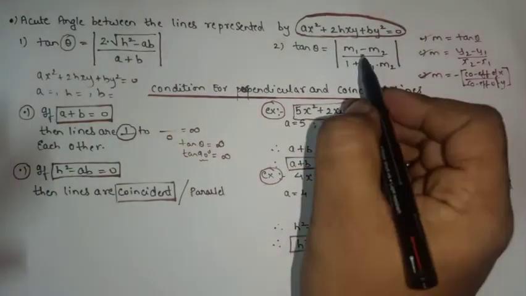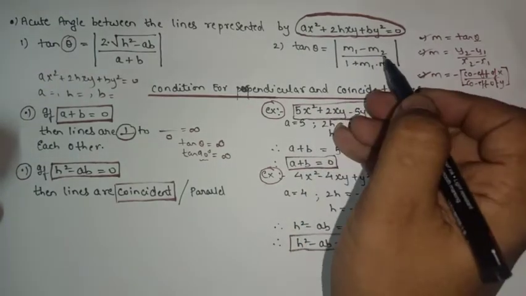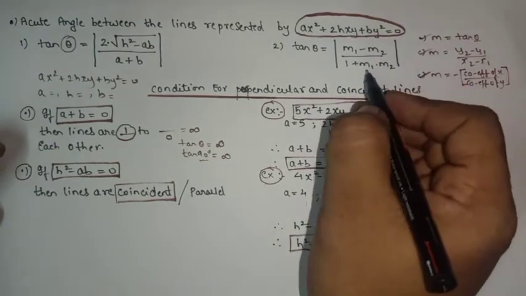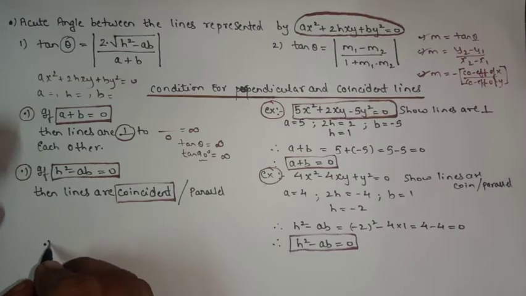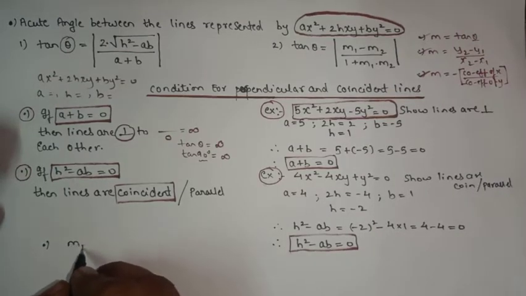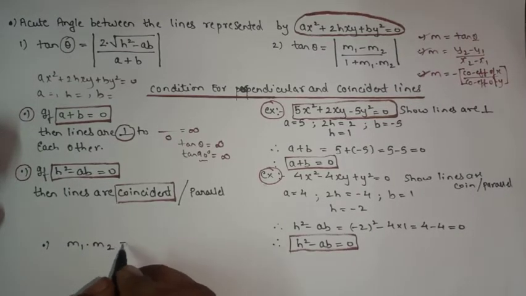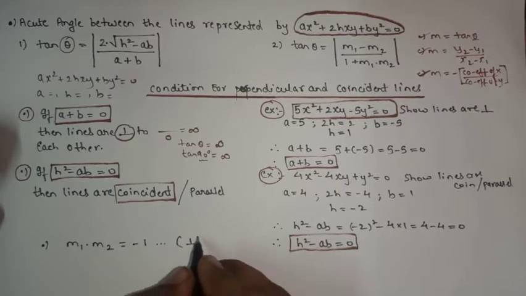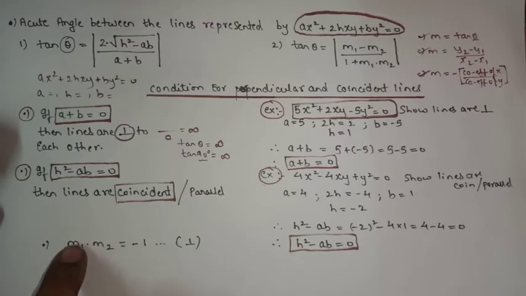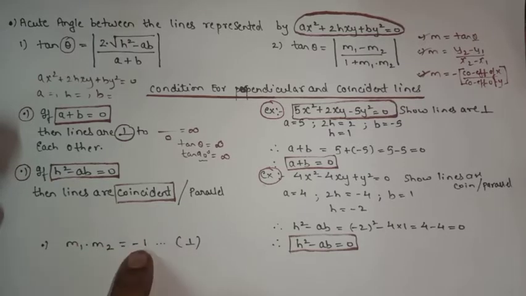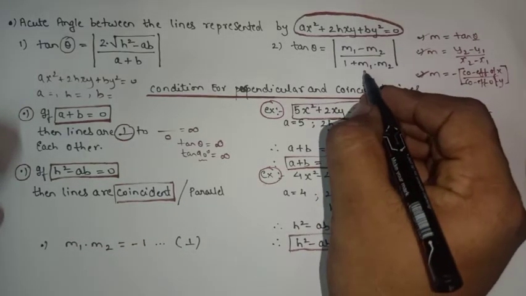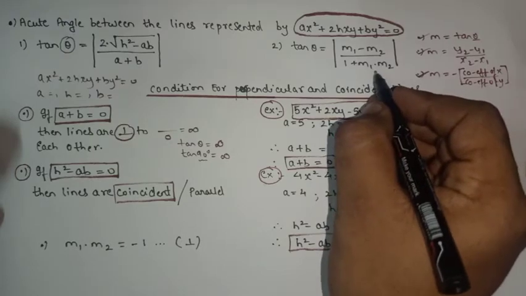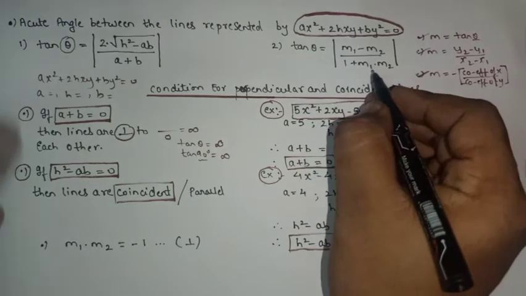Now here we'll check the condition for perpendicular and coincident. As we know, if the product of the slopes equals -1, the lines will be perpendicular. So if I replace m1 m2 by -1, can I say plus and minus?